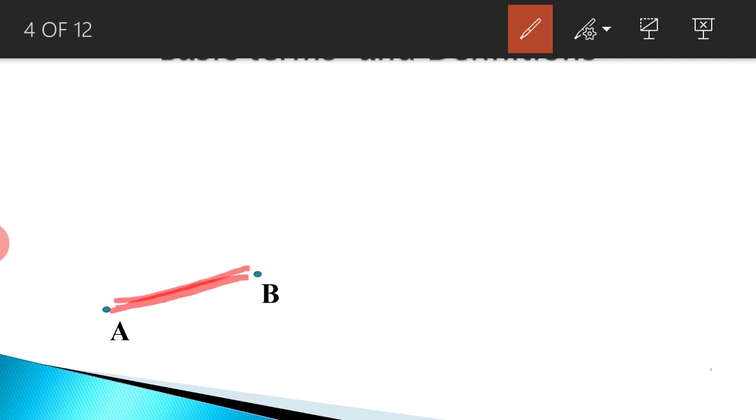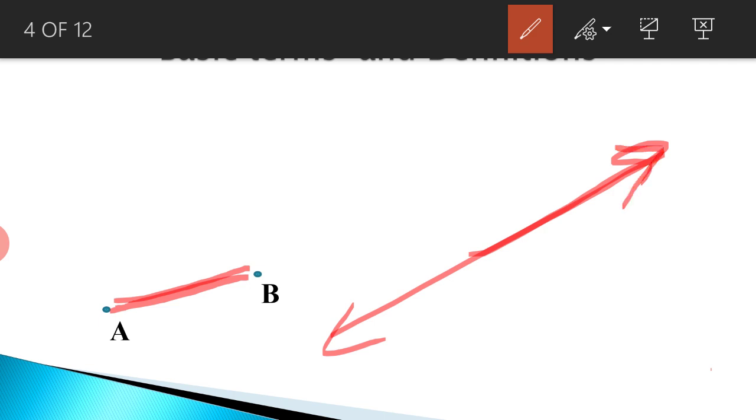So a line segment is part of a line. Similarly, a ray goes endlessly in one direction and has one end point, which we call the starting point. So a ray and a line segment are parts of lines.